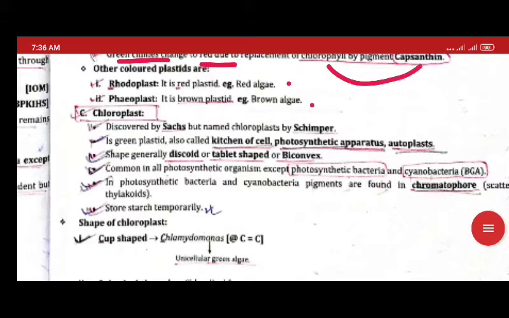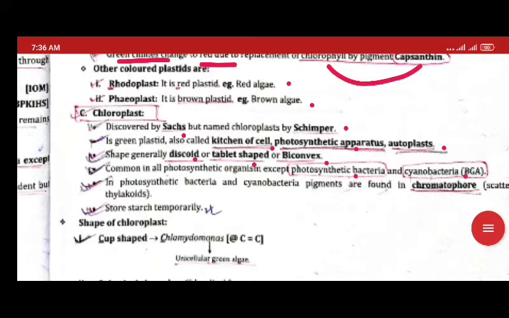Now chloroplast. Chloroplast was first discovered by Sachs and named by Schimper. It is called the kitchen of the plant cell, or photosynthetic apparatus, or autoplast. The shape is discoid, tablet-like, or biconcave. It is found in all photosynthetic organisms except photosynthetic bacteria and cyanobacteria.